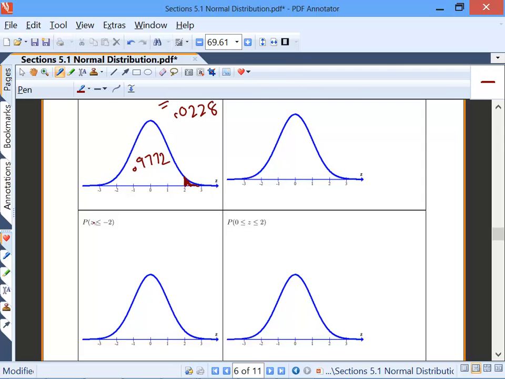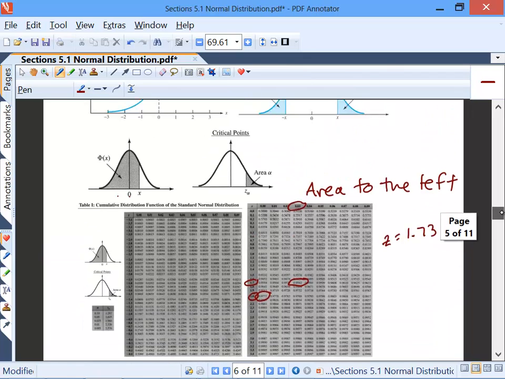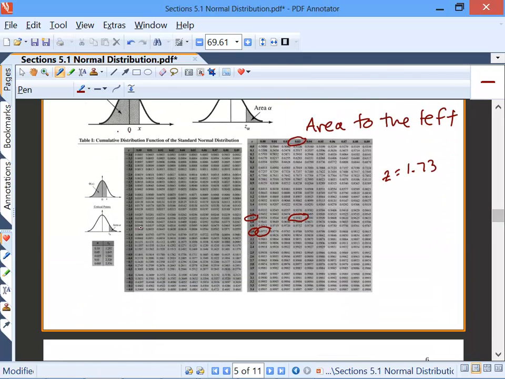Okay, so now this time I want z is less than or equal to -2. So here's my -2. I want the area to the left. So to do this, I need to go back up to my table. Okay. And I'm looking for -2.0. And notice that gives me my 0.02.